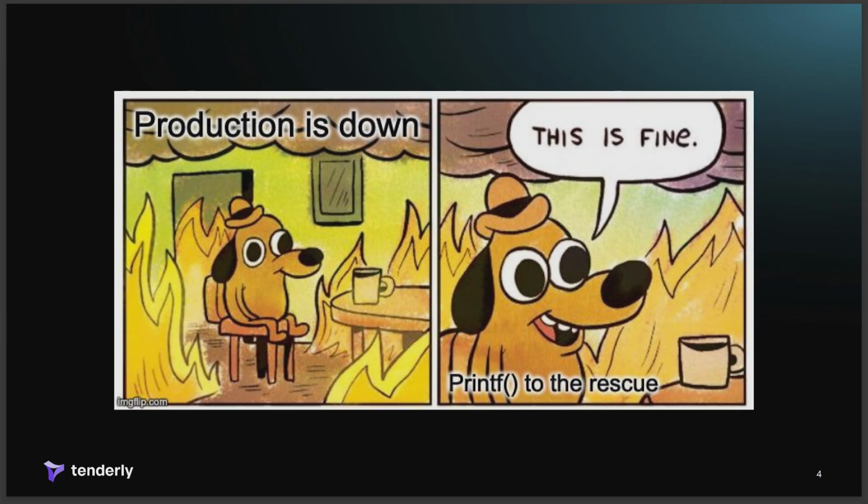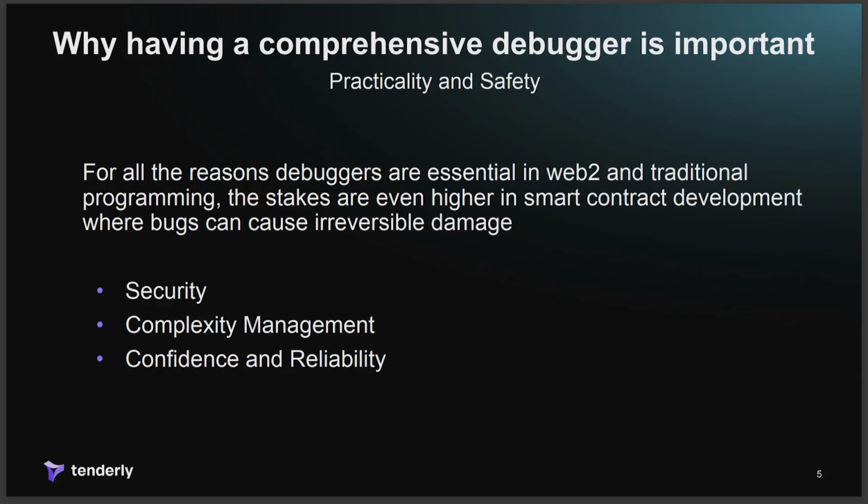But besides this, let's see what are some of the other reasons why we need a comprehensive debugger in the Ethereum ecosystem. Essentially, it's for all the same reasons we need debuggers in the standard programming languages in Web 2. It's just even more amplified in the Ethereum ecosystem. Why?